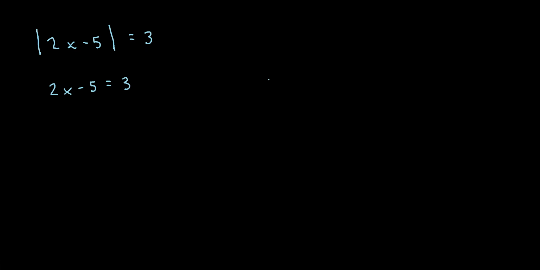And we can also say 2x minus 5 is equal to negative 3 and also solve for x. Because if this whole expression inside the absolute value signs is equal to negative 3, the absolute value of negative 3 is equal to 3. So let's go ahead and solve for x in both of these.